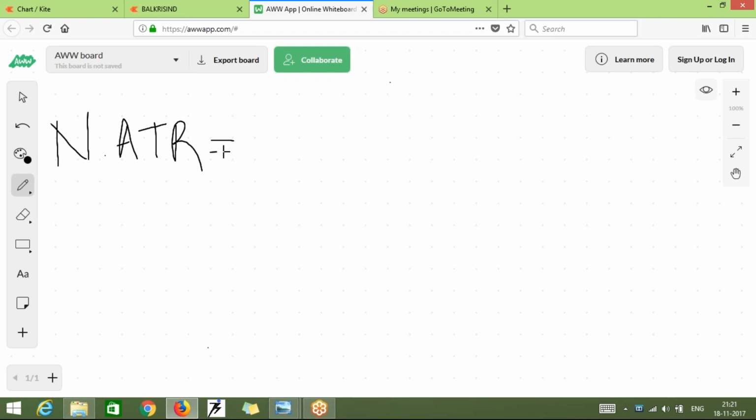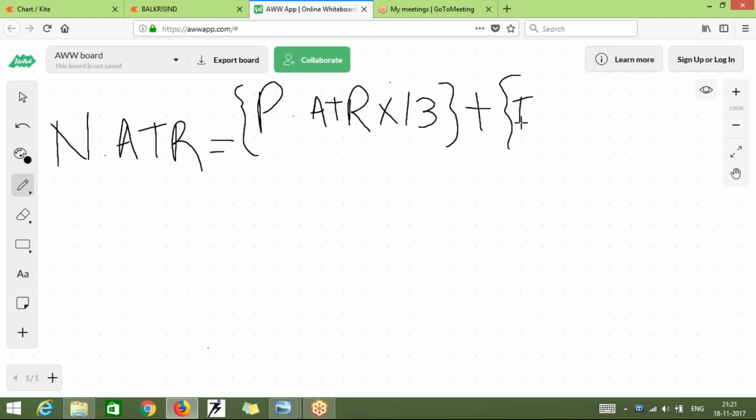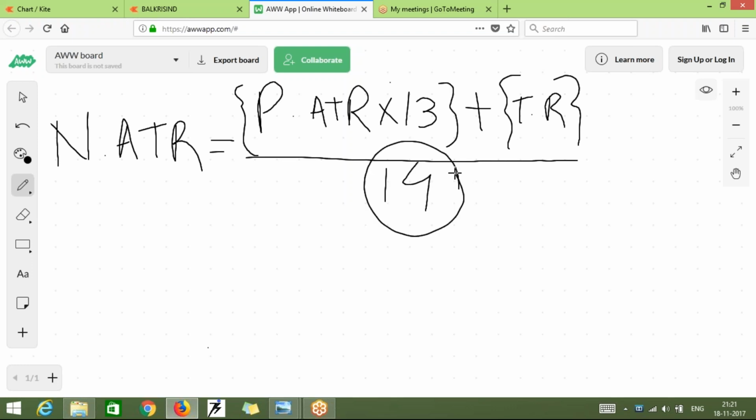It is because the formula is prior ATR into 13, which is added to true range, and the whole is divided by a 14 period. Again, this is the default period, and it normally works in 14 period. Now an obvious question arises: what is true range?